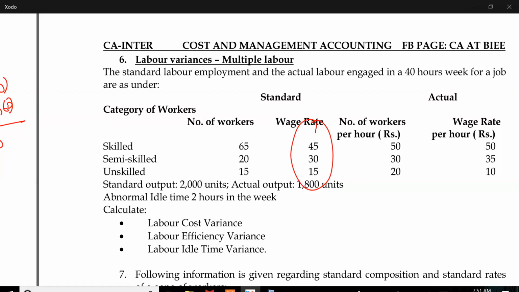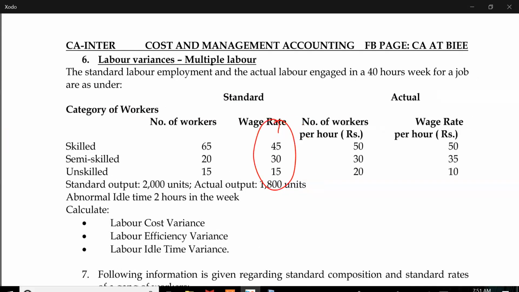The concept is man hours. I cannot be using calendar hours, and I cannot be writing a single number called 4,000. We will have to write separately.